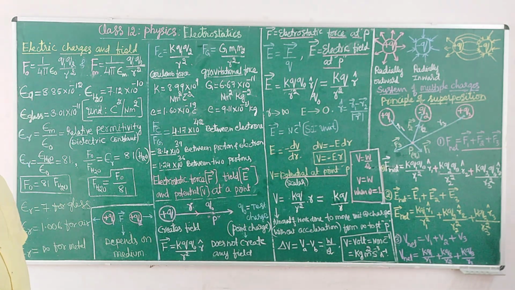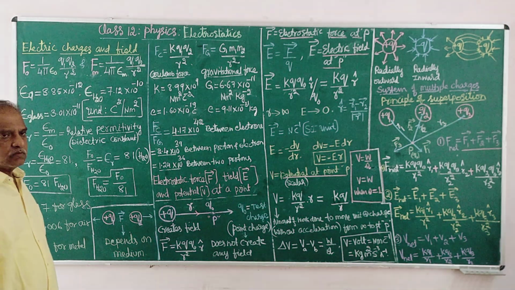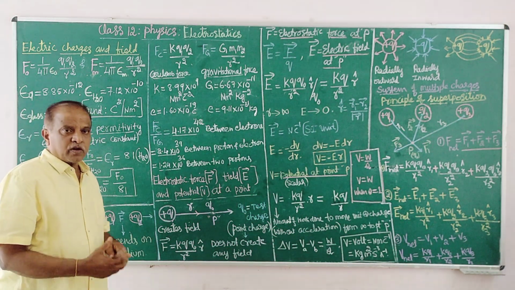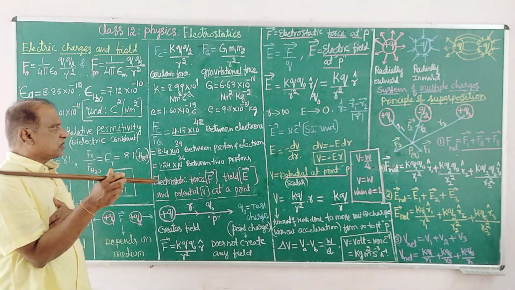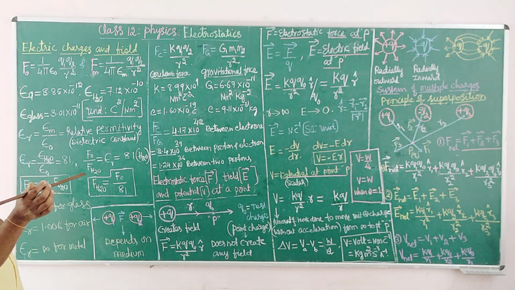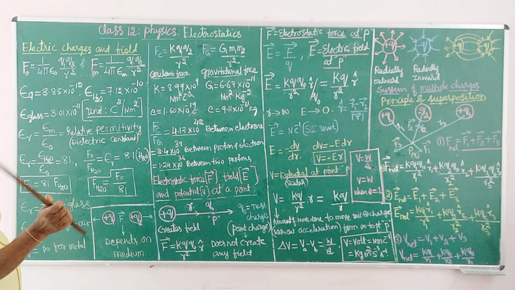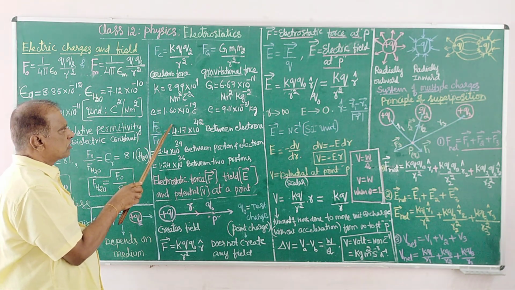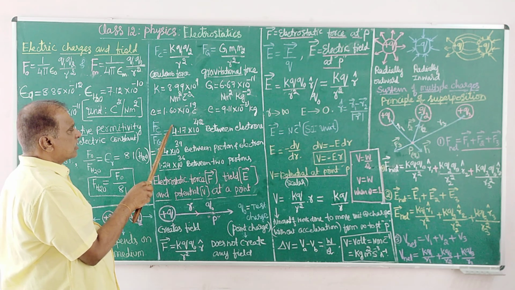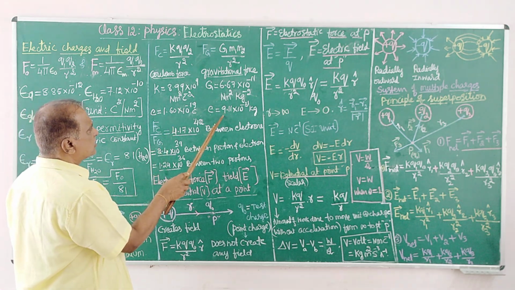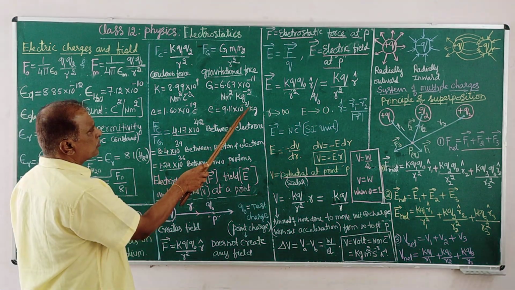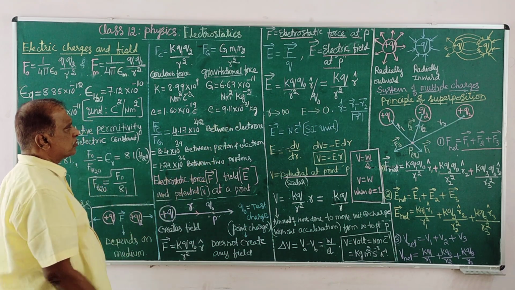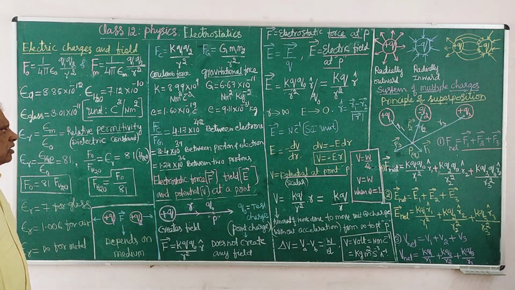When I talk about an electric charge, all charges come with a mass, however small the mass is. For example, the electron charge is this. The electron is so small, its mass is 10 to the power of minus 31 kg, a very small amount of mass.